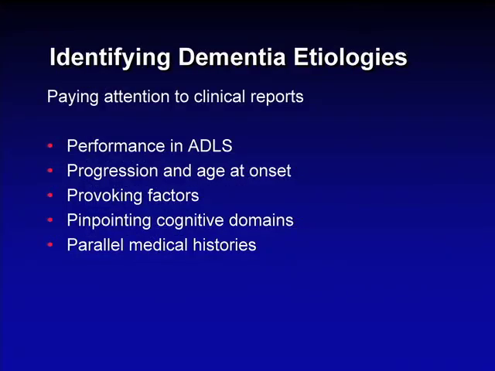For identifying dementia etiologies, you need to pay close attention to the clinical reports. And I'm going to come back to this slide a couple of times as we go through this talk. But this is basically the core of how you distinguish different kinds of etiologies of dementia. You look for, are there changes in the ADLs? That helps you distinguish early or mild cognitive impairment from dementia syndrome. Is there a clear sense of progression, and what is the age of onset of the problems?